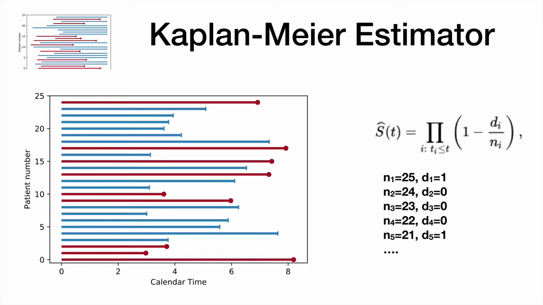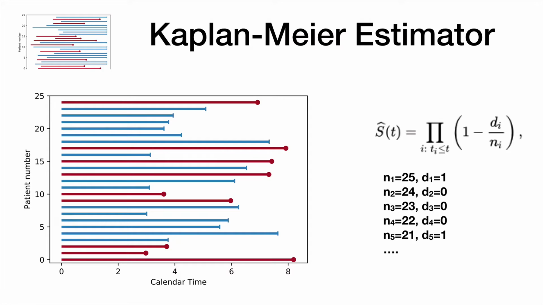In this particular case, the first event in the flow is somebody deceasing during the study time, and then you divide that by 25, which is the number of patients alive.